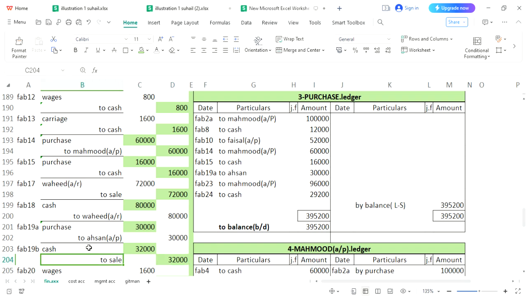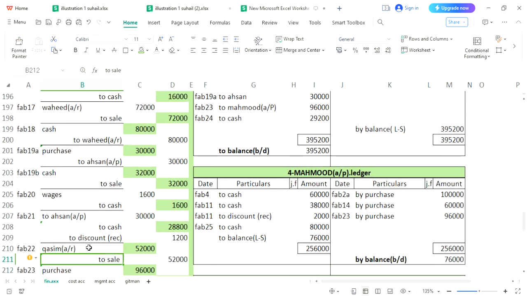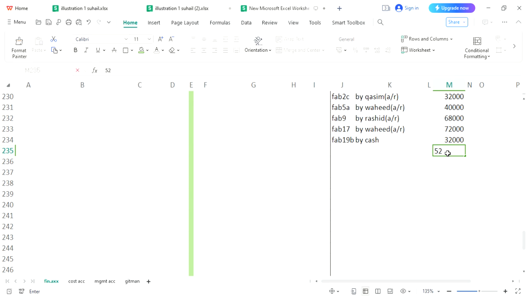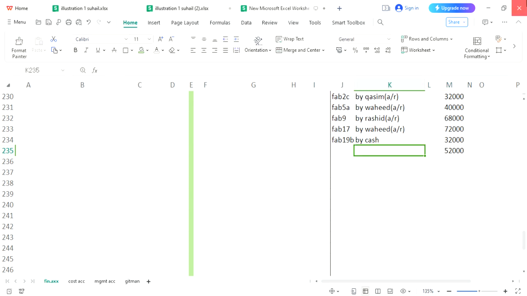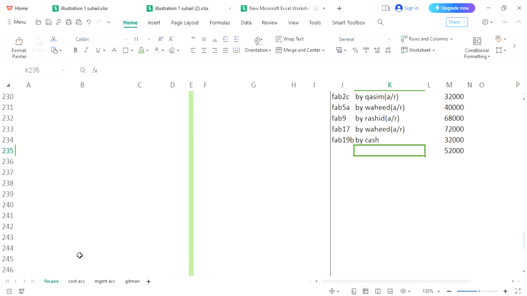After posting and completing this entry, we will see if sale is present anywhere else. Yes, again sale has arrived. 52,000 is written on the credit side. So come over here and write down 52,000 and see what reference is used for this 52,000. You can see here is 52,000. What is written on the opposite side? Qasim account receivable.